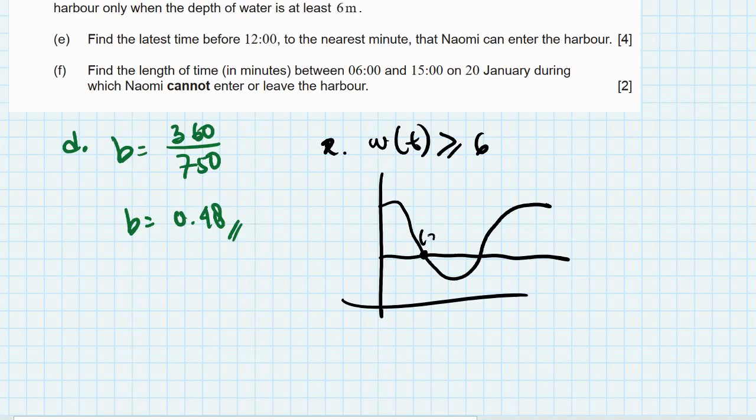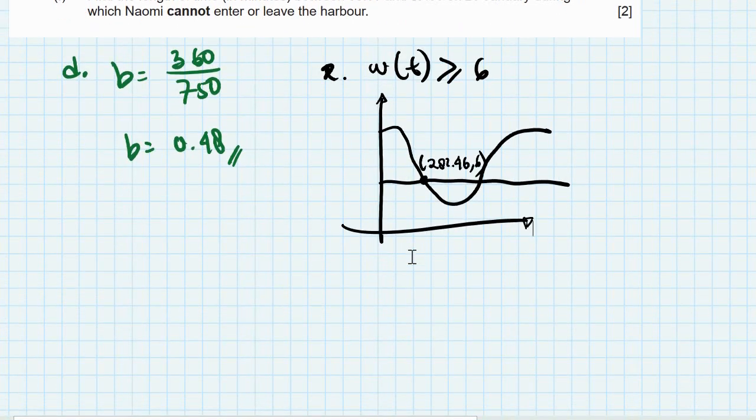Make it smaller. 282.46, 6. This one is just to show the assessor, okay, this is my working, I'm using the graph. It doesn't have to be perfect, as long as you show you're using the graph. So you let the assessor know that this is your method.